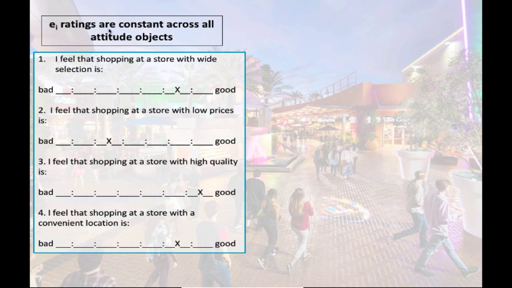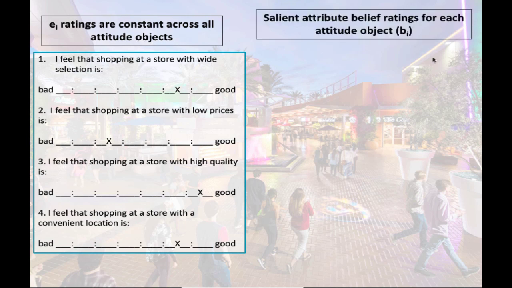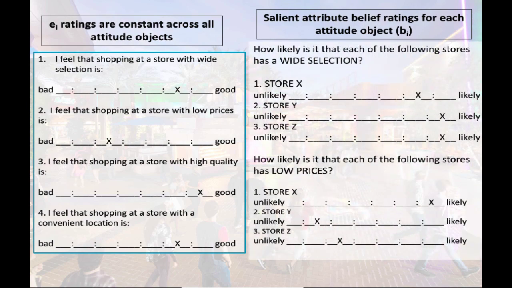So the evaluation ratings are constant across all the attitude objects, which are the stores in this case. However, the belief ratings for the salient attributes change for each attitude object because a given person might feel differently about whether store X has a particular attribute versus store Y and store Z.